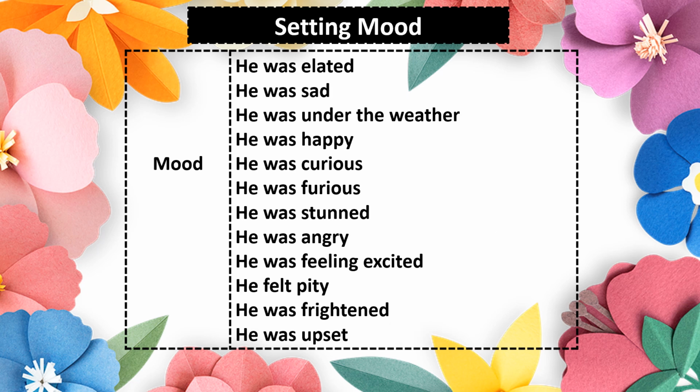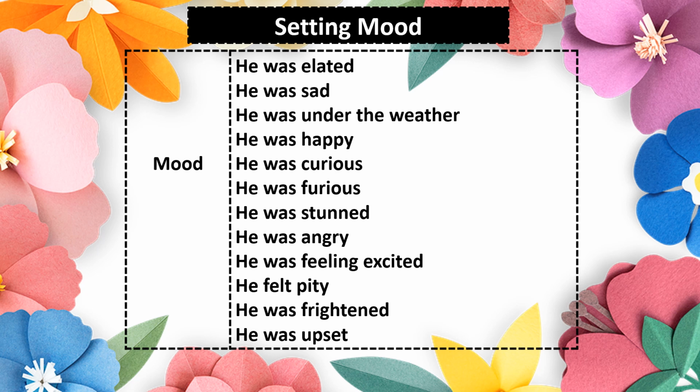Now, for mood, you can describe how the person in the story feels. For example, he was elated. He was sad. He was under the weather. Under the weather means sick or not feeling well.